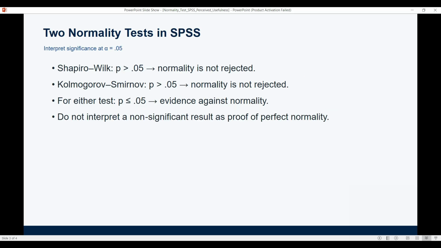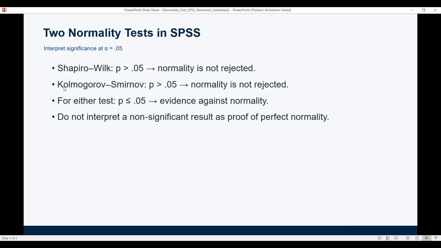So, in case of rejecting or accepting the normality of the data, we use the p-value and we compare our p-value with the significance level 0.05. In case of Shapiro-Wilk, the value of p should be higher than the significance level 0.05.